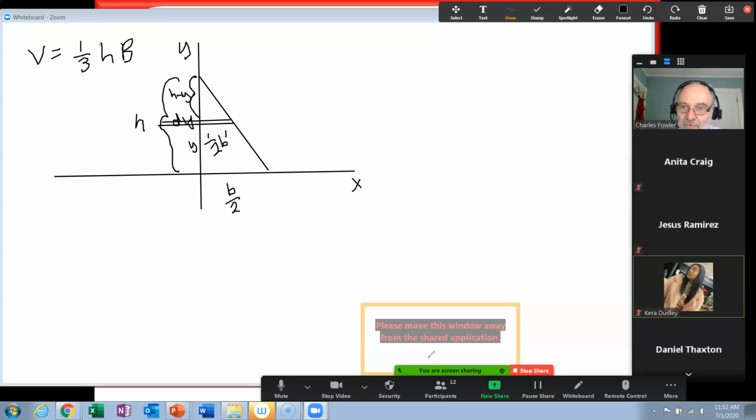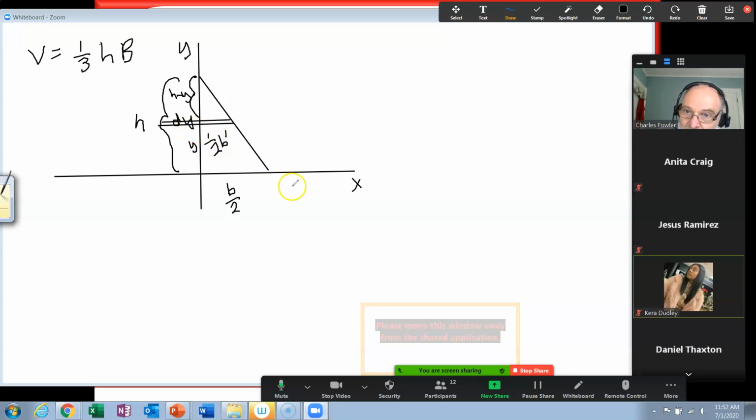Okay, so what we're trying to do, going back to this, is find the area of this piece right here. We know its dimension here is 1/2 B prime. But we don't want B prime. We want that in terms of y because we're going to be integrating in terms of y.